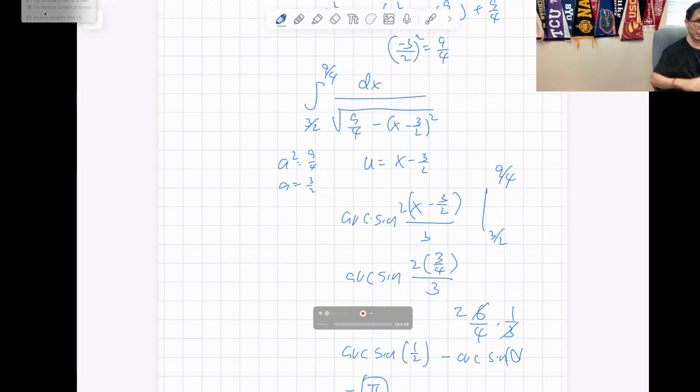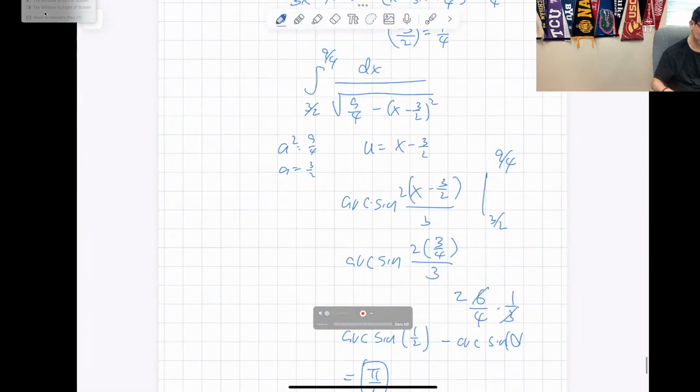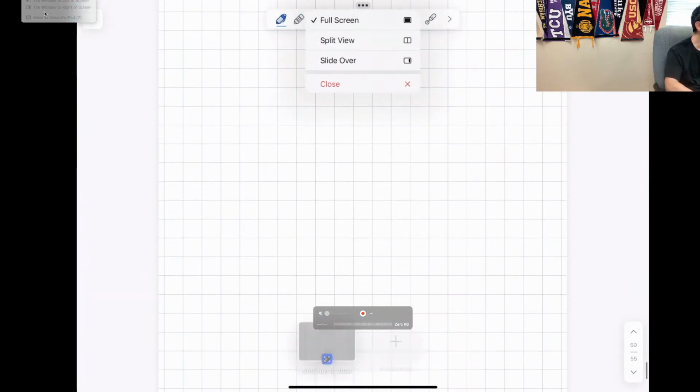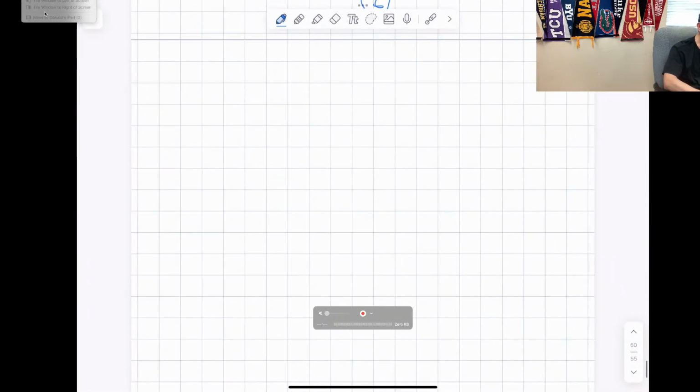Okay, so what we're gonna do is talk about rational functions. The rational function starts with y equals 1 over x. This is the graph. Do you guys remember what the 1 over x graph looks like?